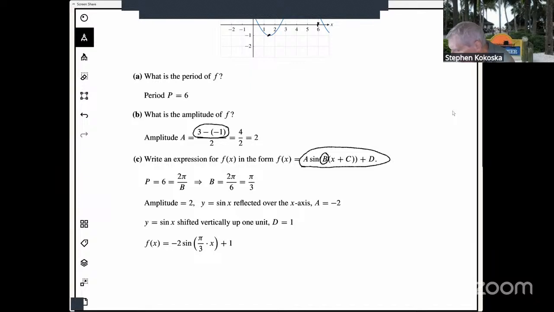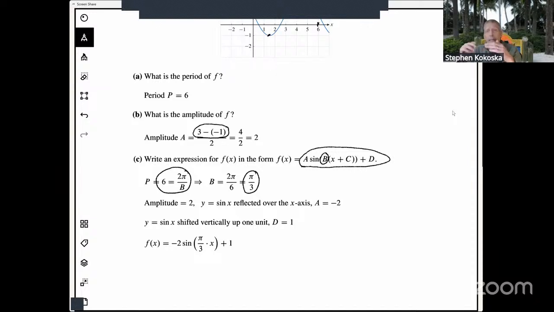So if I set 6 equal to 2 pi divided by b and solve for b, I bring b to the left-hand side and divide both sides by 6. And so I think I've got b equal to pi divided by 3. I think that's correct. The amplitude is equal to 2, but I'm going to be a little bit careful here.